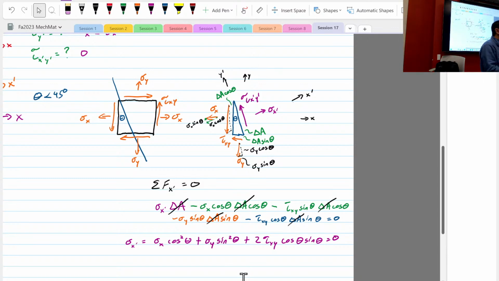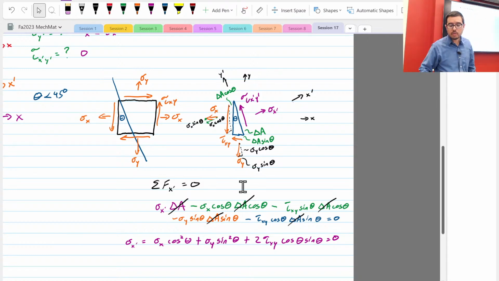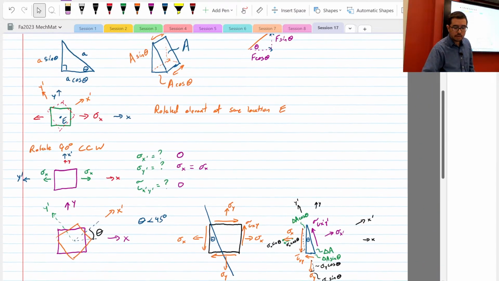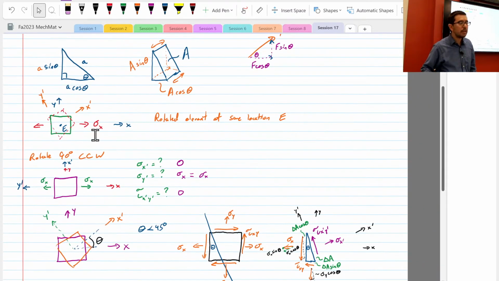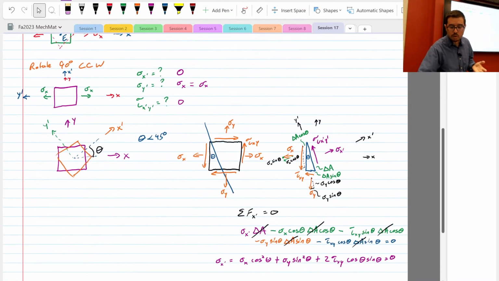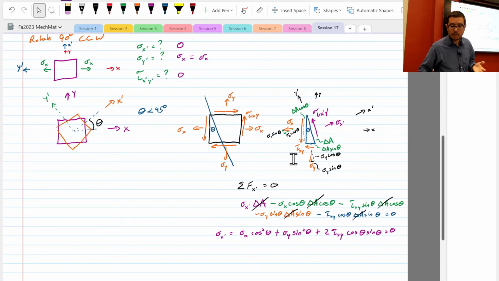To get started though, please just try to use only the components that you need to use. Do you see that this was a little bit overkill? If in the first problem that we looked at here, we only had sigma x, we didn't have a tau xy, we didn't have a sigma y, then if you were to do the free body diagram with the numbers, you wouldn't have even drawn sigma y.